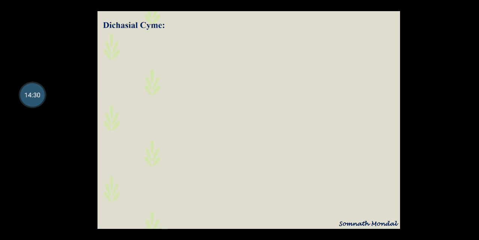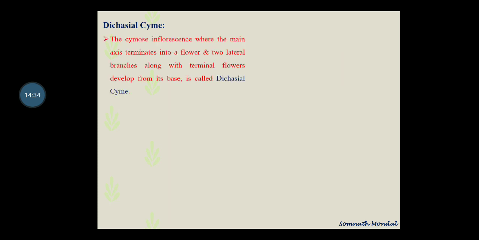Now coming to the dichasial cyme. As we said, in case of monochasial, at the base of the terminal flower there will be one lateral branch, but as di says, there will be two lateral branches along with the terminal flower. Each time, two lateral branches come out from the base of the flowering axis. That is why it is called dichasial cyme.